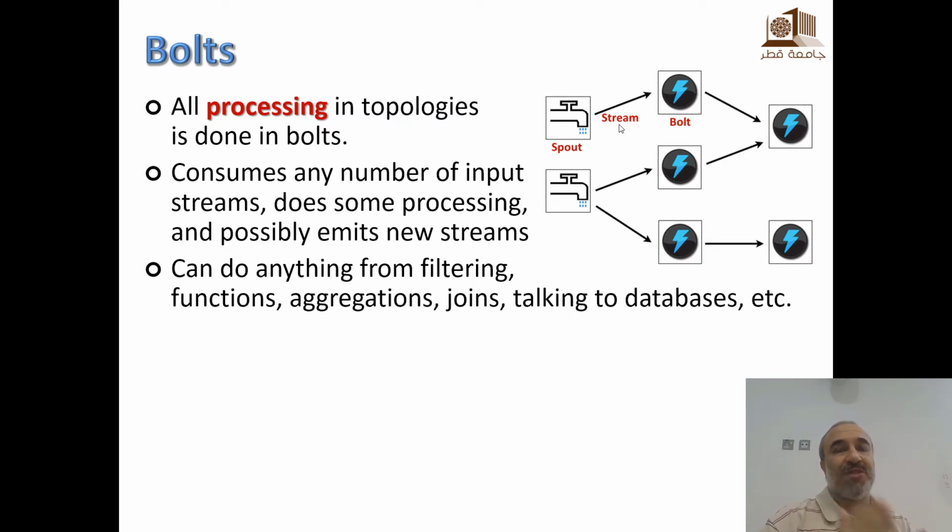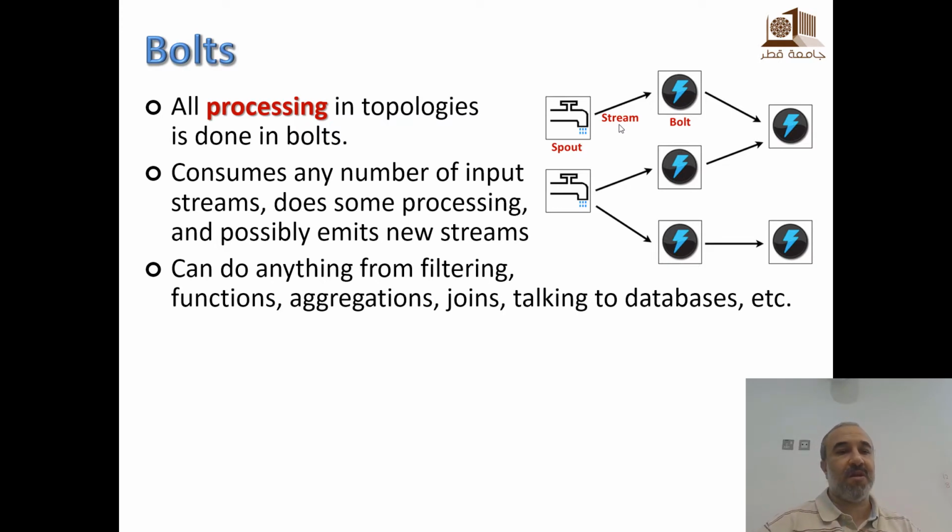Each tuple is processed in real time. So there is no batching. The batch, you can think of it here as a batch of one tuple, which means it is real time. It's not near real time like what we had in Spark Streaming.